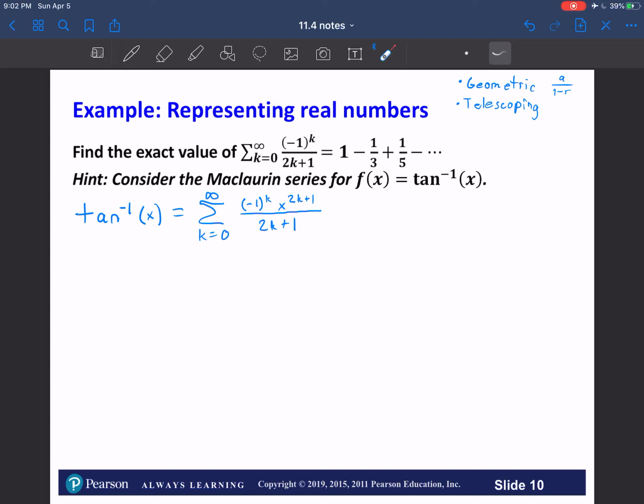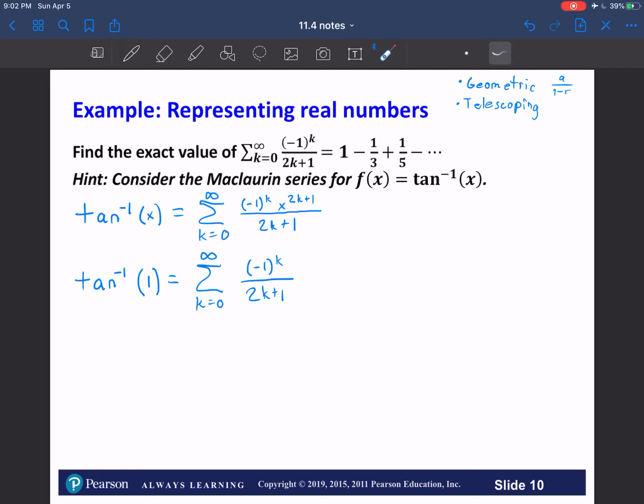So, what we can say is if this term was just 1, it would be exactly the same as this series. In other words, if we were to write the inverse tangent of 1, we replace x with 1, we would get just negative 1 to the k over 2k plus 1, because this entire term, x to the 2k plus 1, would just go away.